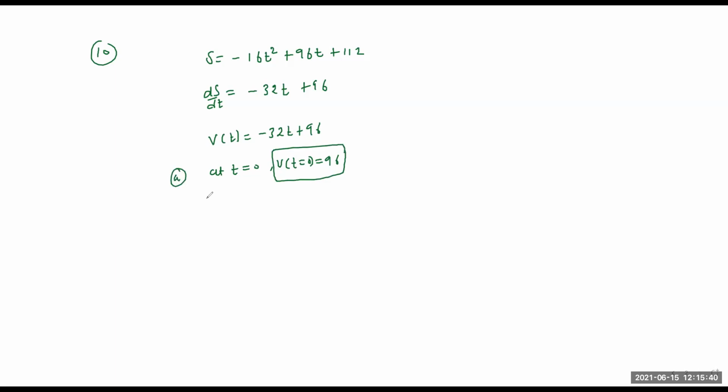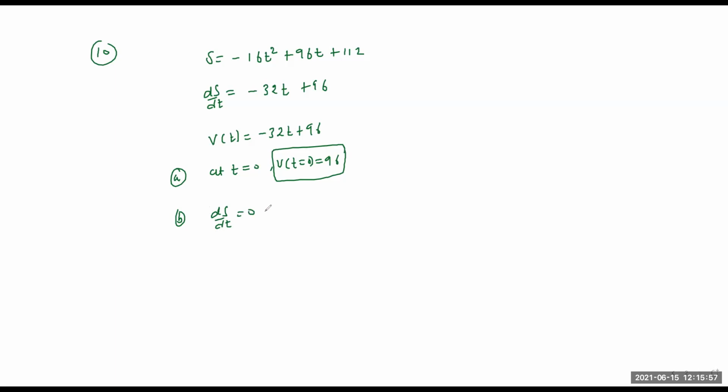The other part is to find the maximum height. What is maximum height? At a maximum height, ds by dt will be 0.